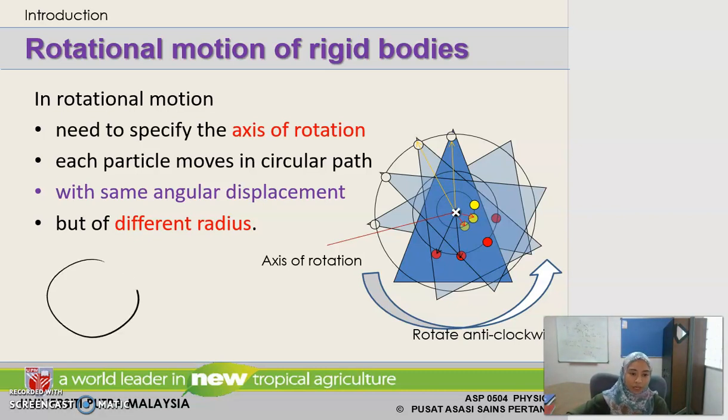In rotational motion, you need to specify the axis of rotation. For our ball, the axis of rotation was the center of the ball. For this triangle, it is the center of the triangle. Each particle moves in a circular path. The ball is made up of particles, and my angle of rotation starts at the center.